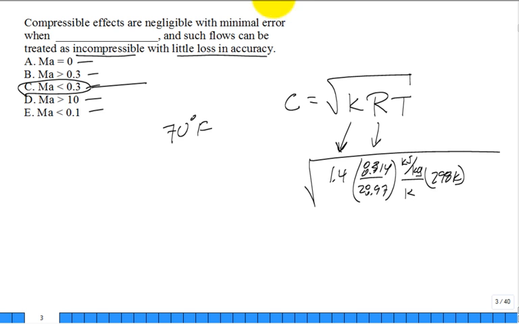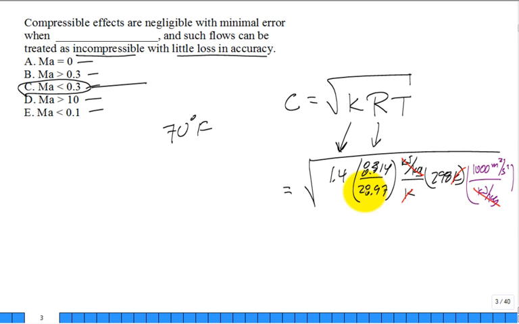So we see that the kelvins cancel, but what units do I want for C? Meters per second. So I need to multiply by a unit conversion: 1,000 meters squared per second squared is precisely 1 kilojoule per kilogram. With that, we can now cancel and get the right units.